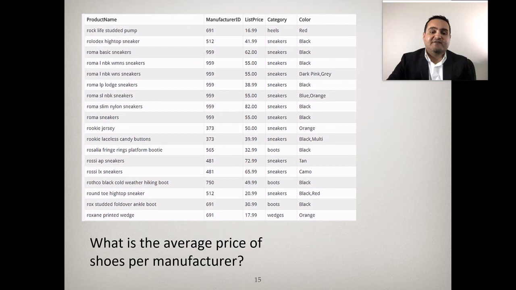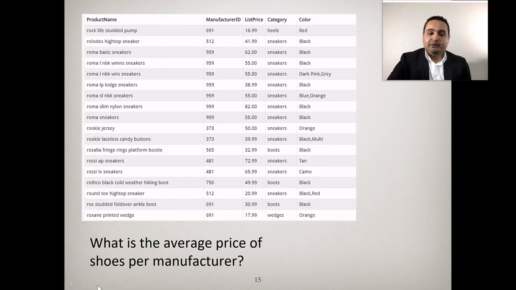So what is the average price of shoes per manufacturer? Now there is another thing that we will be using, which is the clause we call group by. This is for when we have cross tabulation, or when we want to group our output or our aggregate numbers by a column.